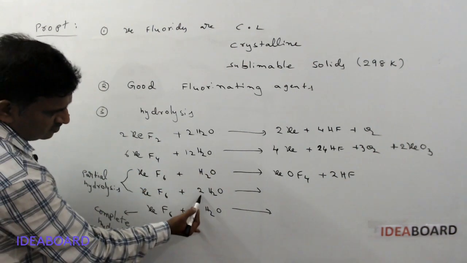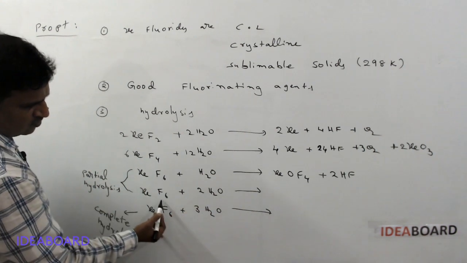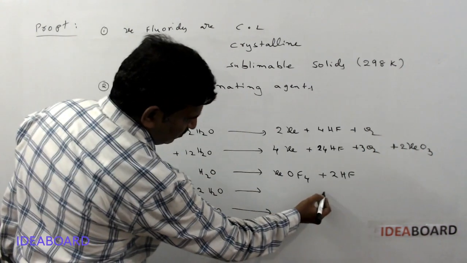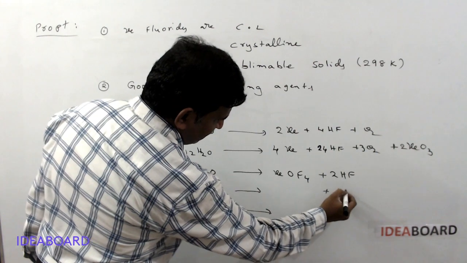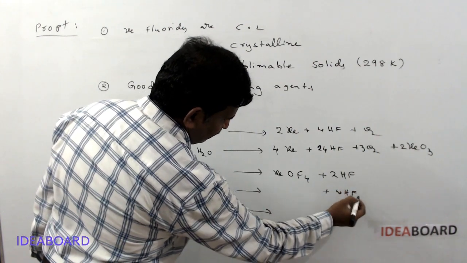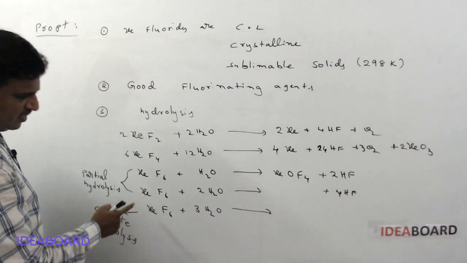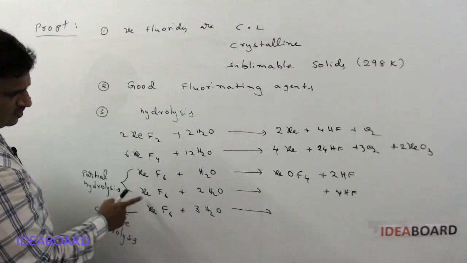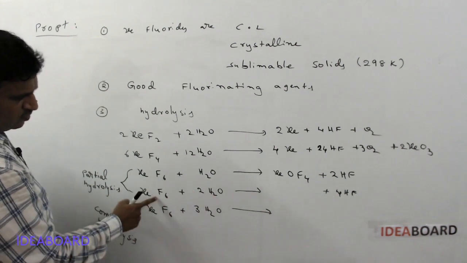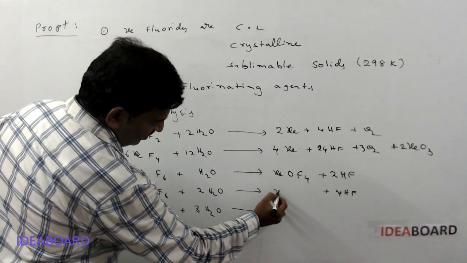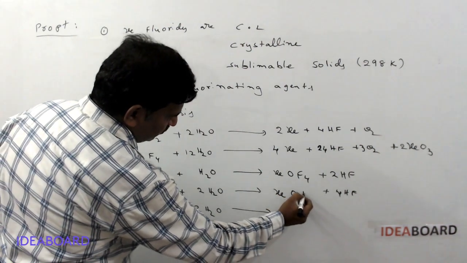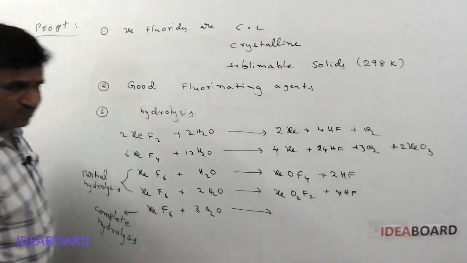Next, XeF6 plus 2H2O. Here how many hydrogens? 2 2s are 4 hydrogens. 4 fluorine atoms combine to form 4HF, and the remaining are Xe, O2 and F2.